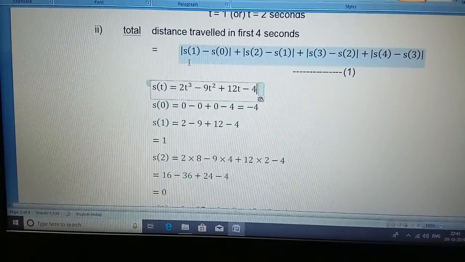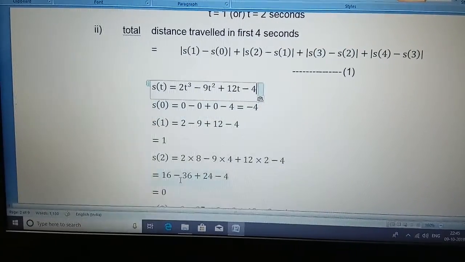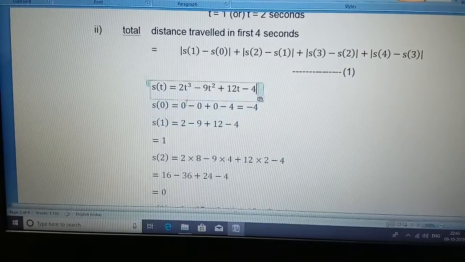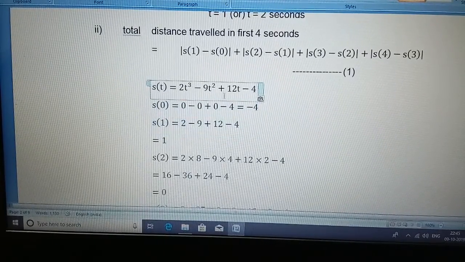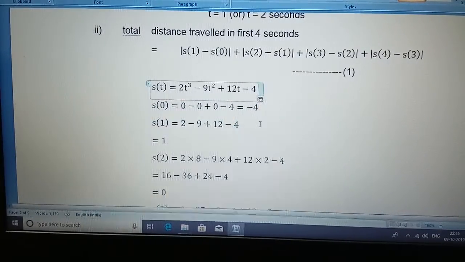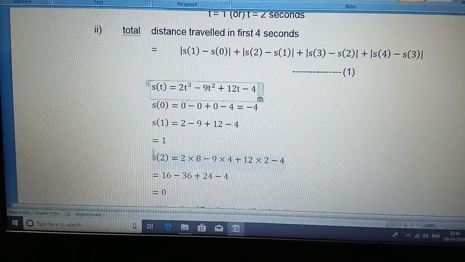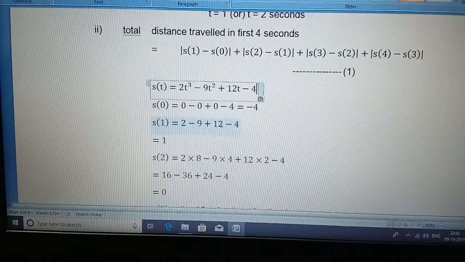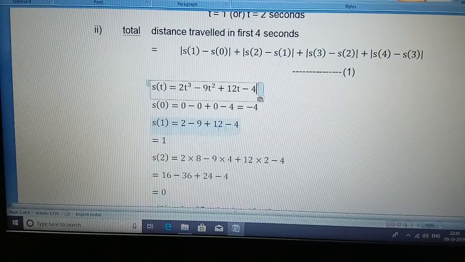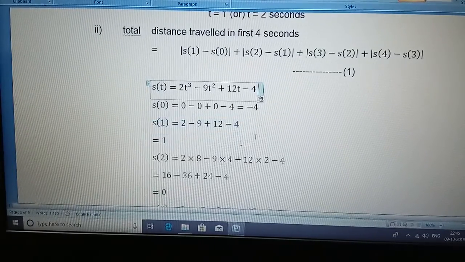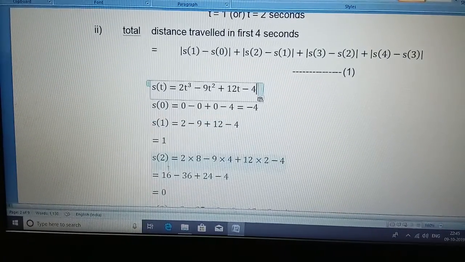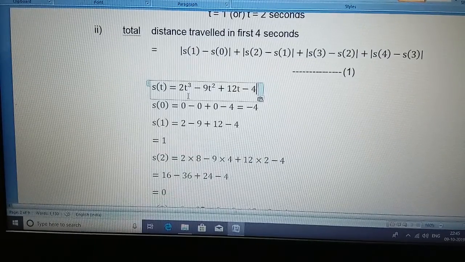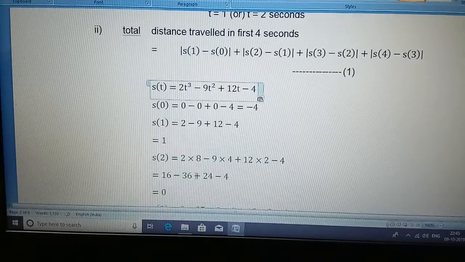Then S of 1: substitute t equal to 1. 2 into 1 cube, that is 2, minus 9 into 1 plus 12 into 1 minus 4. Adding 2 plus 12 is 14, and minus 9 minus 4 is minus 13, so 14 minus 13 is 1. Then S of 2: substitute t equal to 2. 2 into 2 cube, that is 2 into 8, minus 9 into 2 square plus 12 into 2 minus 4.